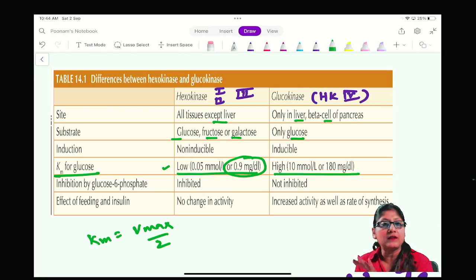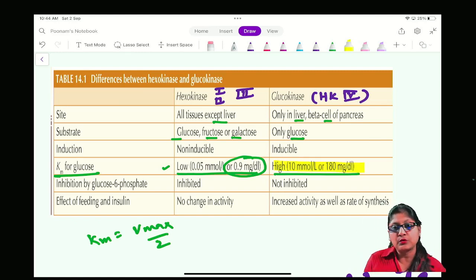Hexokinase is going to be active at all the time, irrespective of blood glucose level, and it will be converting the glucose to glucose 6-phosphate. But pay attention to the glucokinase. It is requiring very high amount of glucose, 180 milligram per deciliter, which is only seen transiently postprandially.